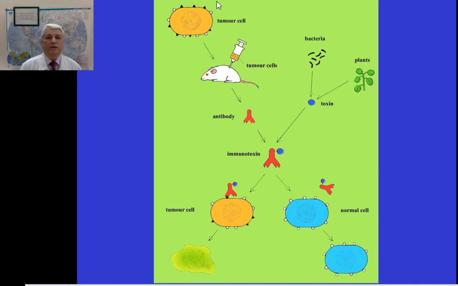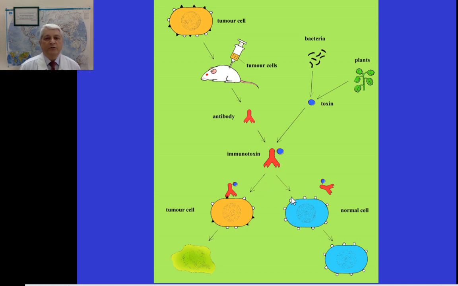So once more, patient with tumor, we use tumor cells for immunization. From immunization, we receive by hybridoma technique specific antibodies. Then we combine these antibodies with the drug, with the poison, which must kill malignant tumor cells. Then we inject this drug into the body of the patient.